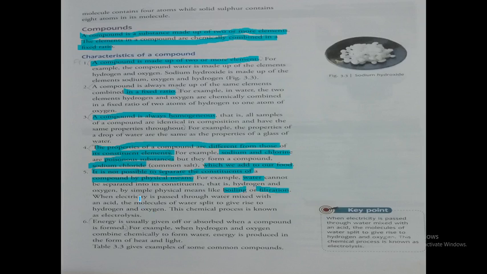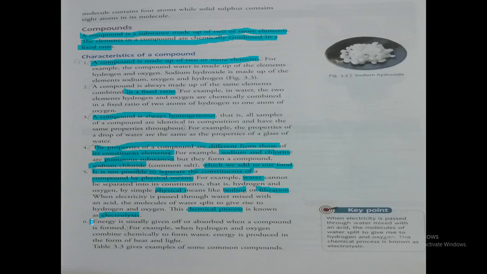No, you get water in another state, that is vapor. So water, which is a compound, cannot be separated by physical means like boiling or filtration. It can only be separated by a chemical process, electrolysis. There are other methods by which other compounds can be separated, so it depends on the compound.